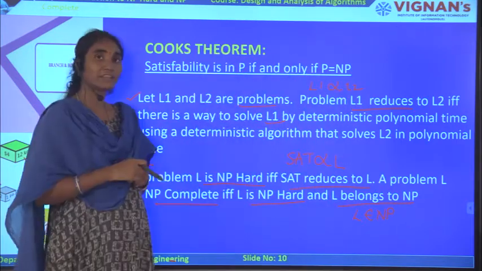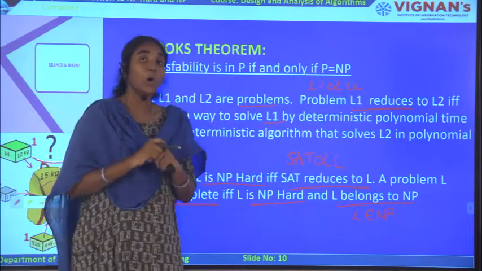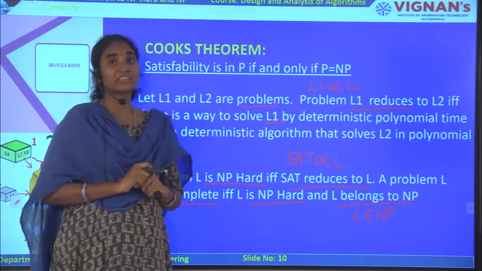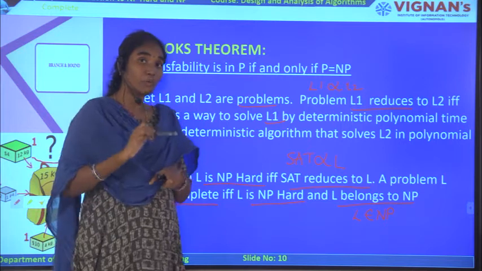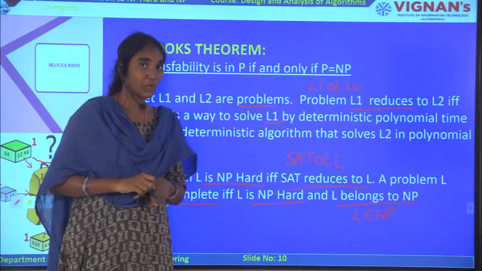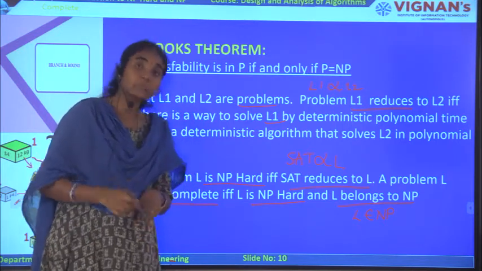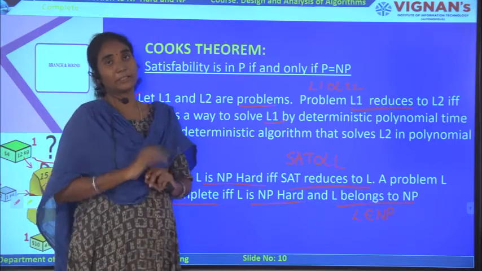I can say that NP complete, that is all the non-deterministic algorithms which can be solved in polynomial time, can be known as NP complete.